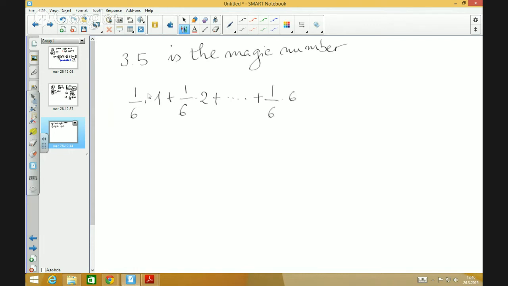I want to show it, and also I like to write. But yes, you're absolutely right. This is 1/6 of the sum of all the numbers between 1 and 6.